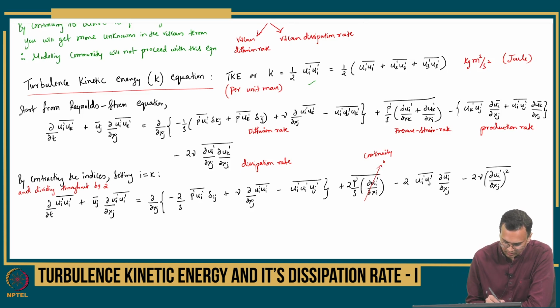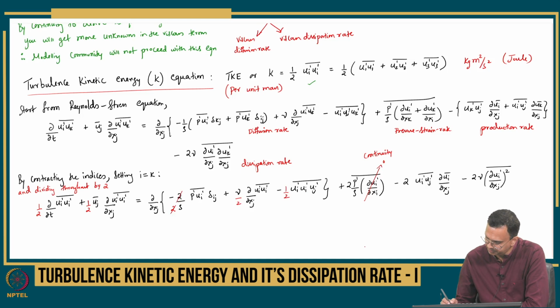I can introduce half here, same thing here. If I do it here, half of this, 2 here by 2 here, half here, so these two terms go away.